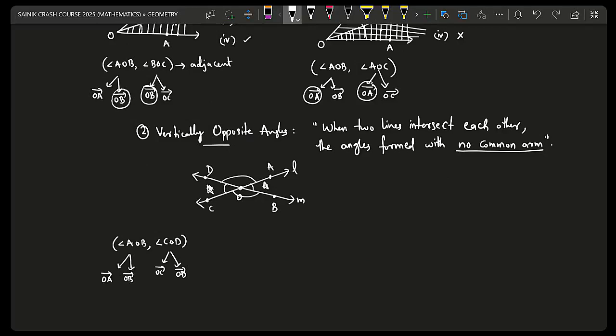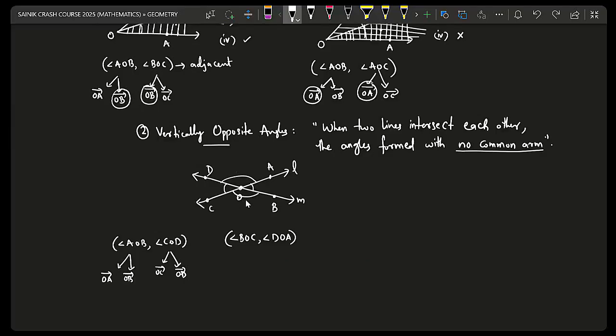These two are called vertically opposite angles. Like this, we have one more pair of vertically opposite angles: angle BOC and angle DOA, or you can also say AOD, no problem. So this pair is also a pair of vertically opposite angles.